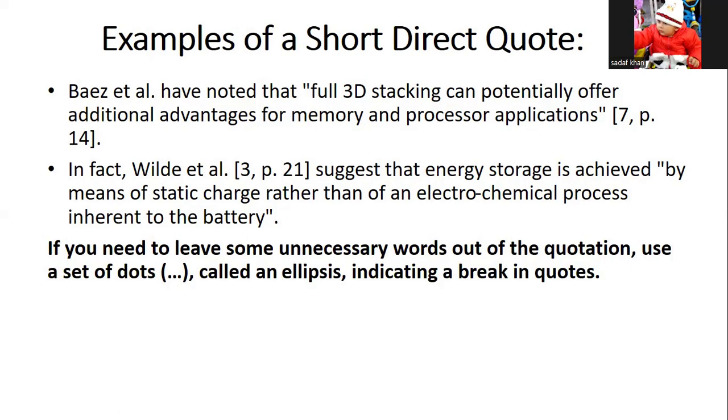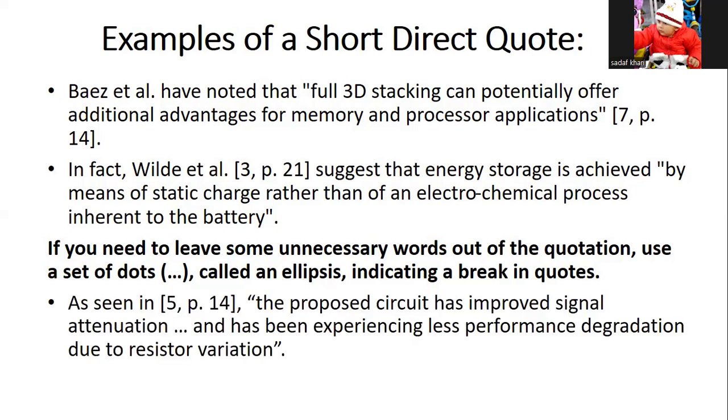If you need to leave some unnecessary words out of the quotation, use a set of dots. Those are called ellipses, indicating a break in quotes. Sometimes when we copy paste, a few words are not necessary to use, and I don't want to use those words. So rather than take those words, it's better to just use 3 dots, not more than this. 3 dots indicate that you have left out words that were not necessary for you.